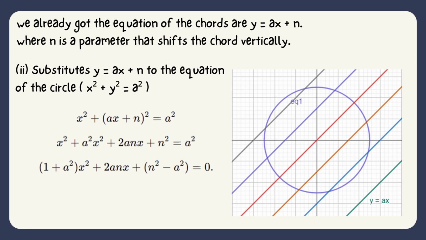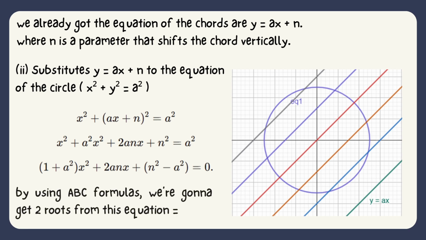X squared plus a squared x squared plus 2anx plus n squared equals a squared. And we get (1 plus a squared) x squared plus 2anx plus (n squared minus a squared) equals 0.